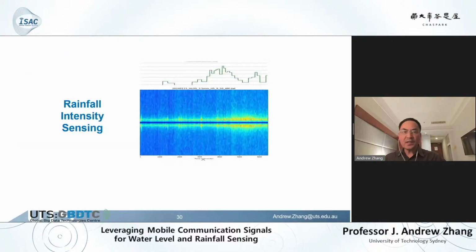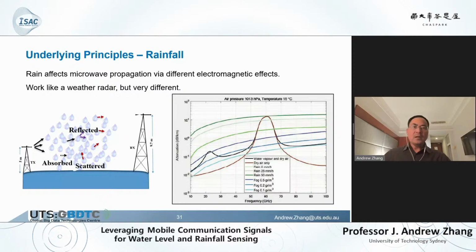Next, let's have a look at the rainfall sensing estimation technique. For rainfall sensing, traditional weather radar already uses radio signals for rainfall intensity estimation. This demonstrates the feasibility of using radio signals for sensing.